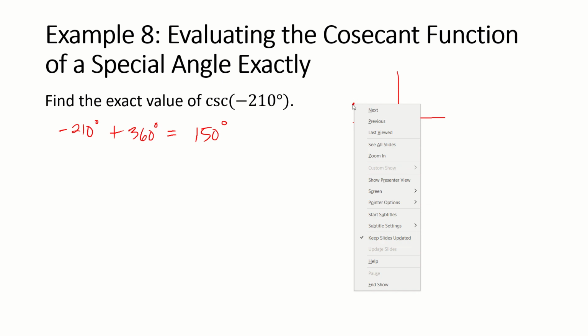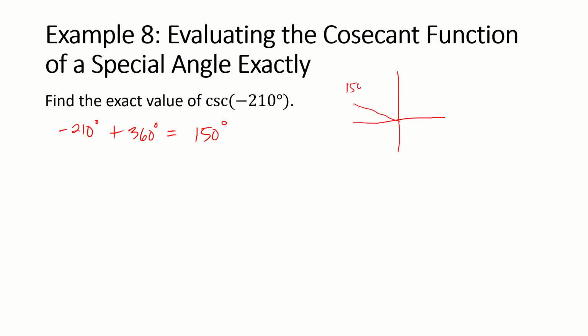So nandun yon, may 150 degrees. Kung naka-rad naman siya, it's 5 pi over 6. So ano yung ordered pair natin? That would be negative square root of 3 over 2 and then 1 half for y.